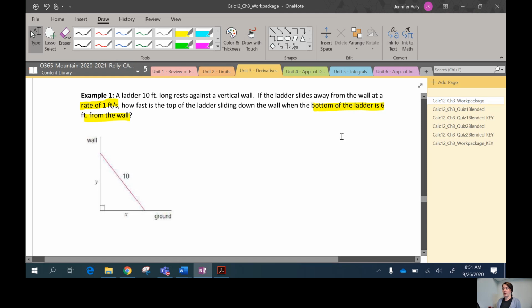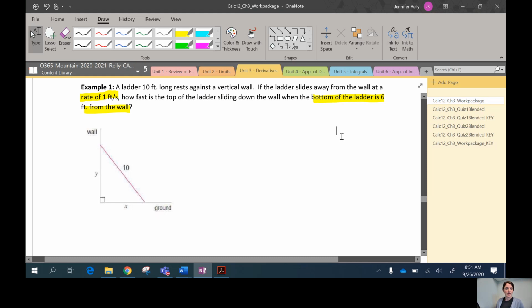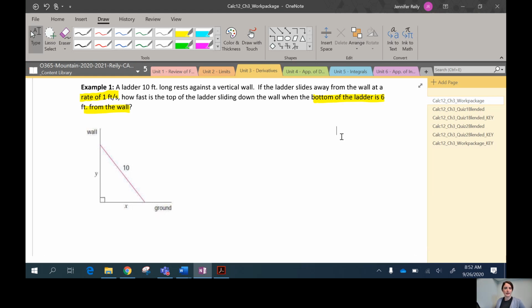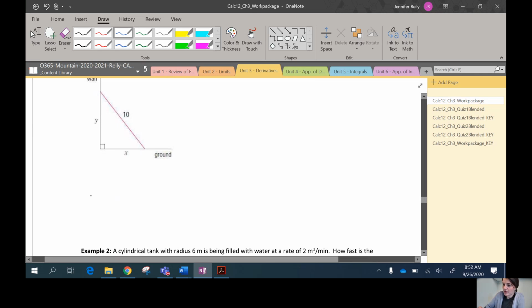So first thing you do when you do a related rates problem is you write down everything you know and define your variables if you need to. For us, we have some variables already drawn in the diagram, so we'll just write down what we know. So x, we are told, is 6 feet.